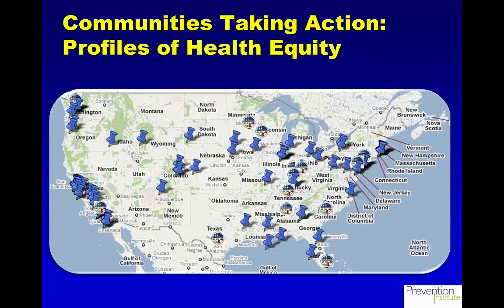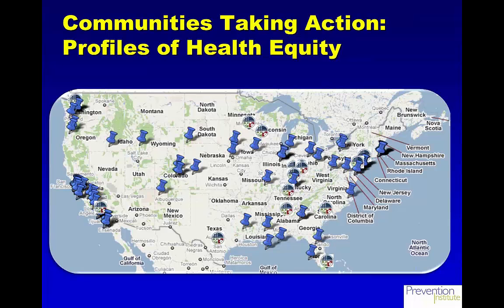As you can see, we have many, many examples across the country, and this database is meant to be used as inspiration for those of you that may want to engage in similar efforts. We cover everything from addressing food access to the built environment, to violence prevention, to the intersections between violence prevention, healthy eating, and physical activity. So I encourage you to use that as a resource.